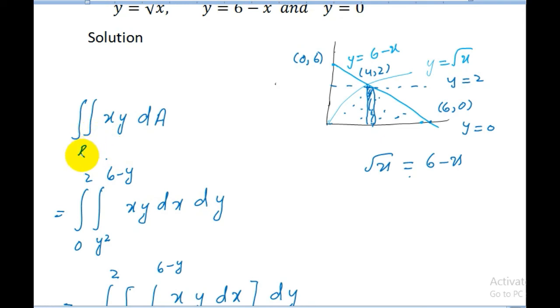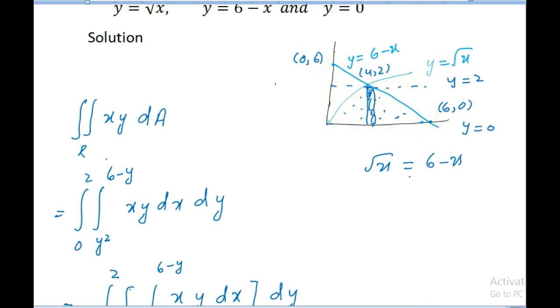So this double integral over the region R of xy dA is equal to the integration from 0 to 2, which is the limit of y, and for the limit of x, y varies from y equal to 0 to y equal to 2.